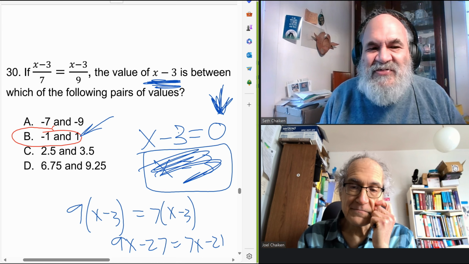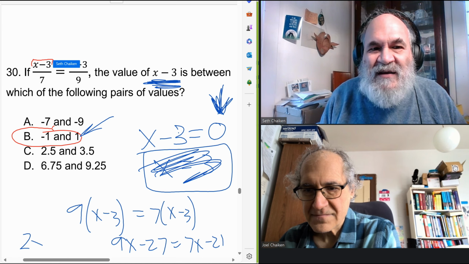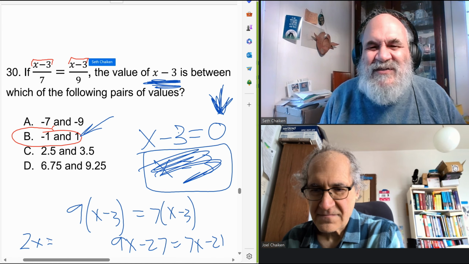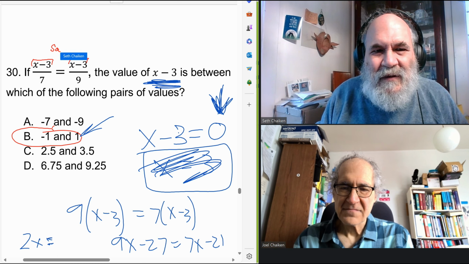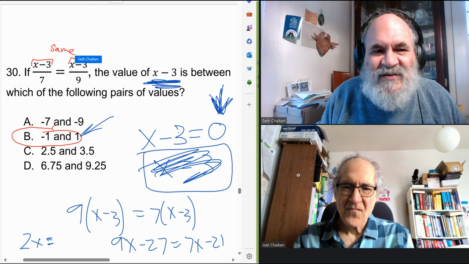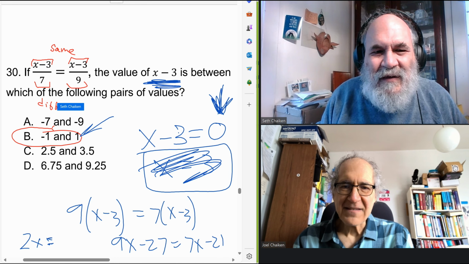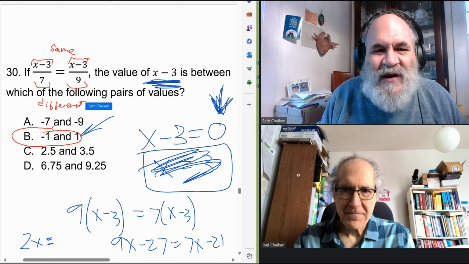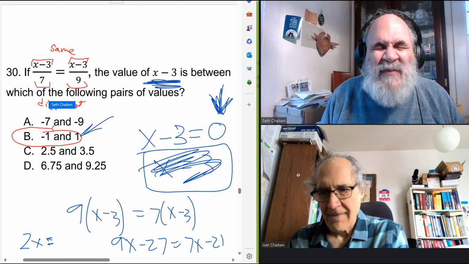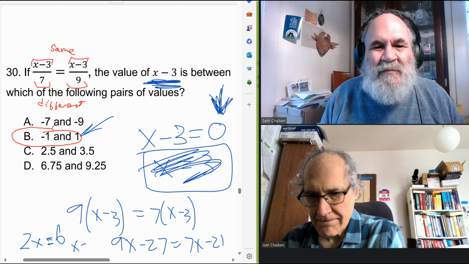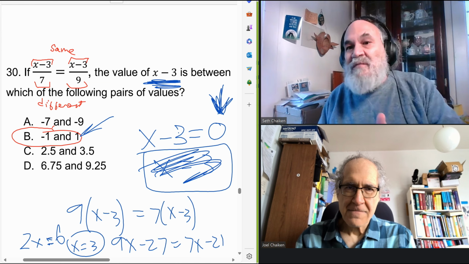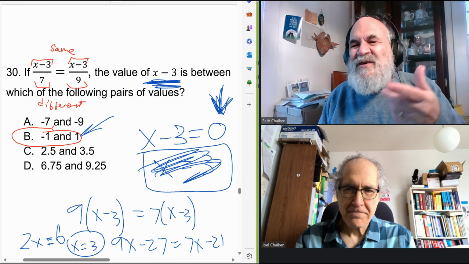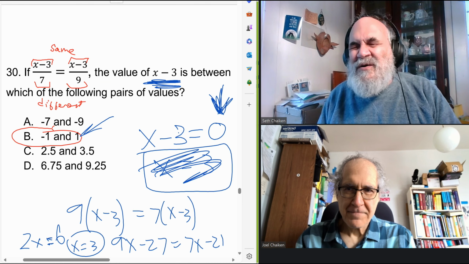Notice that the numerators are the same and the denominators are different. The pattern saves you big time. The same number is multiplied by one number, and the same number is multiplied by another number, and the only way the results could be equal is when that number is 0.